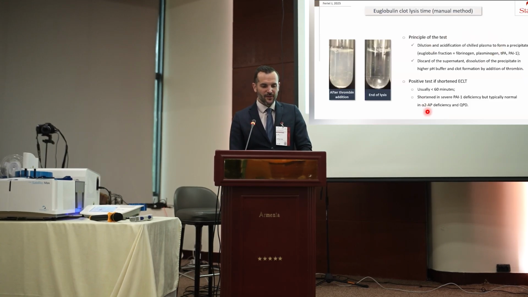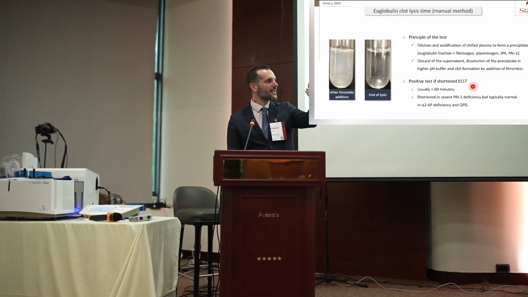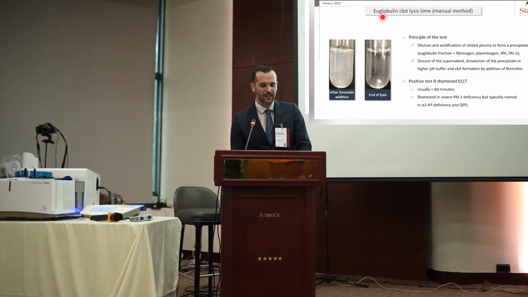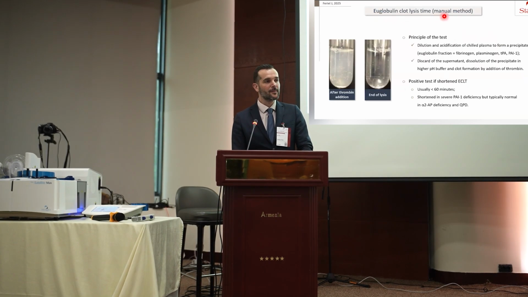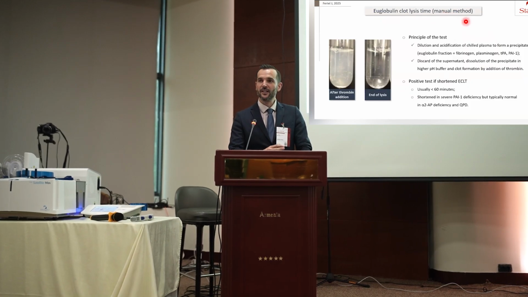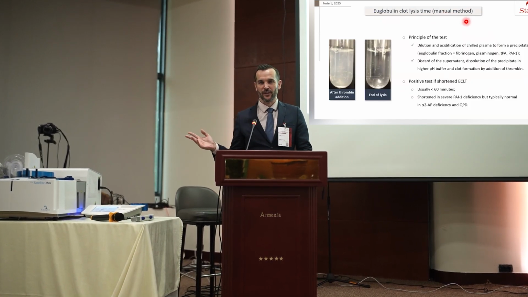Okay, I will skip the details and only tell the most important on the last slide of the presentation. About the euglobulin clot lysis time, once again, this is a manual method, so theoretically, it can be done in every laboratory.